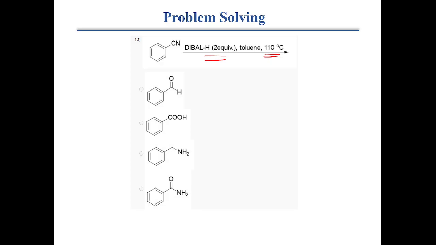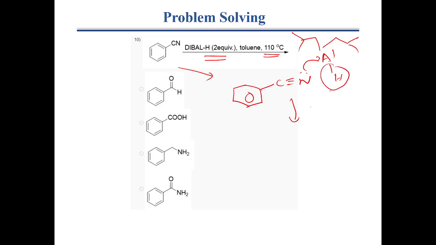I previously discussed that any kind of nitrile under one equivalent of DIBAL, diisobutylaluminum hydride, the nitrogen lone pair will activate the aluminum, as aluminum behaves as a Lewis acid, and then will transfer hydride.